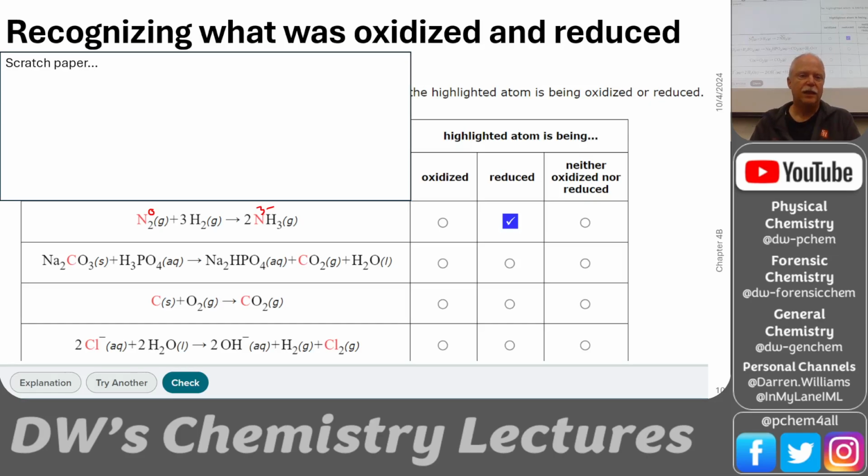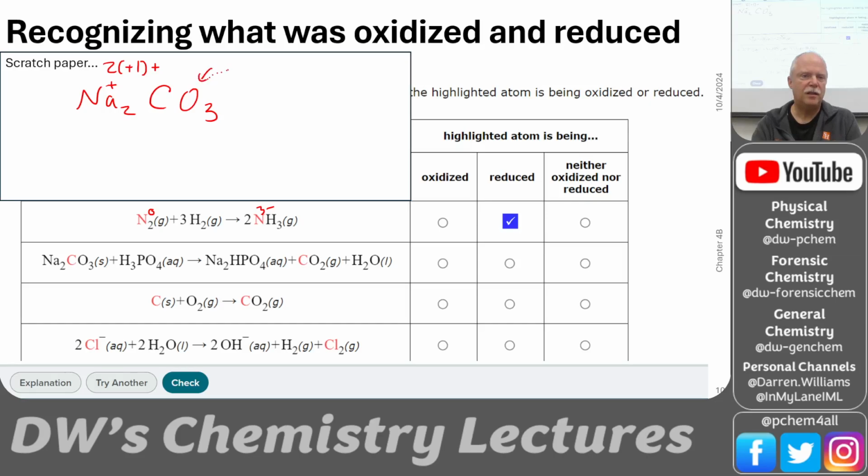The next one. So let's do the scratch paper up here. Let's look at this carbonate, Na2CO3. Each one of these sodiums is going to be +1, so there's 2 of those.